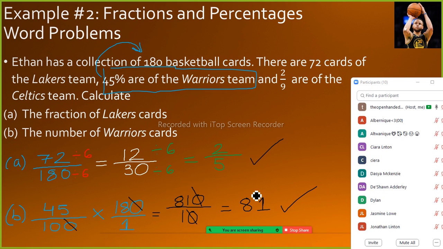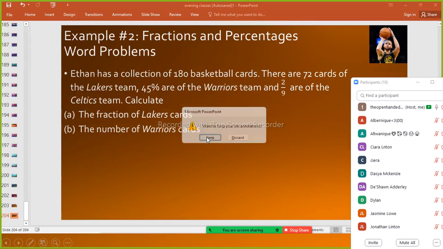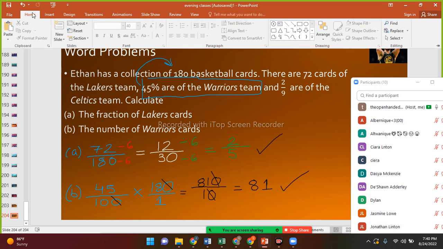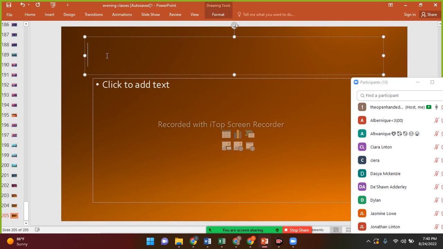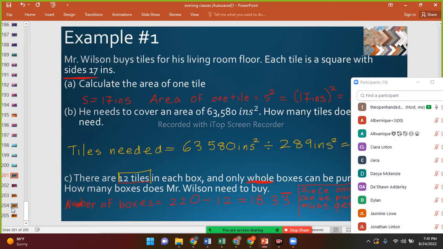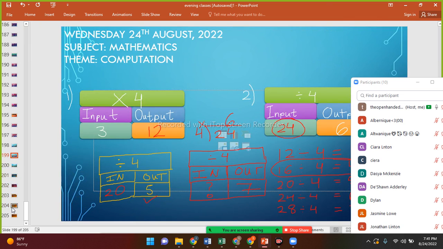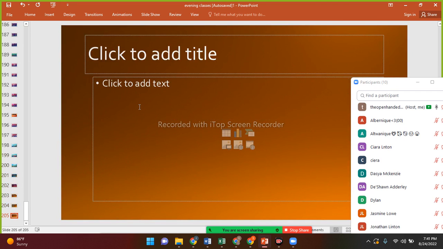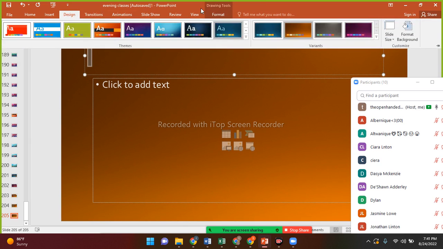All right, so let's do another one. This is going to be exercise number 2.